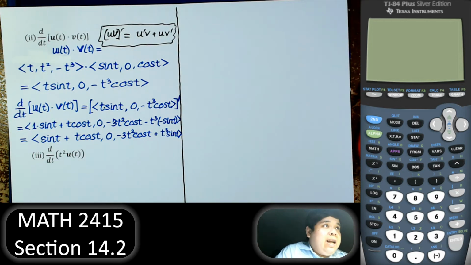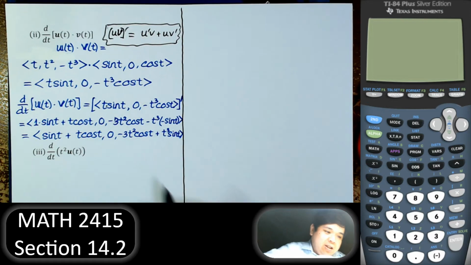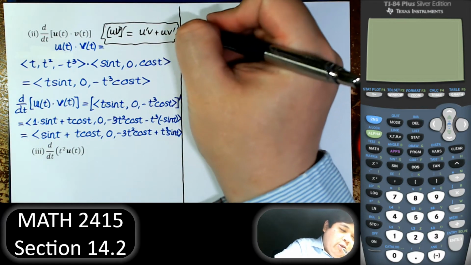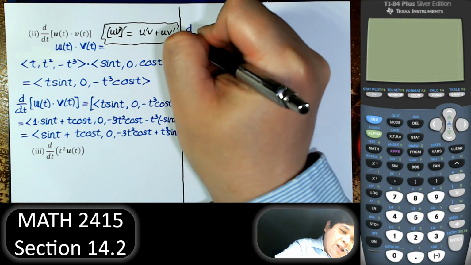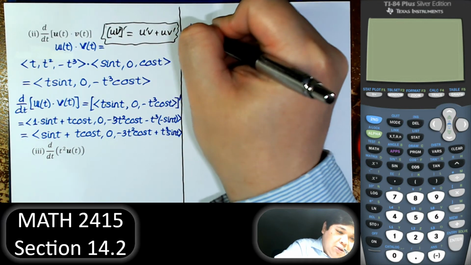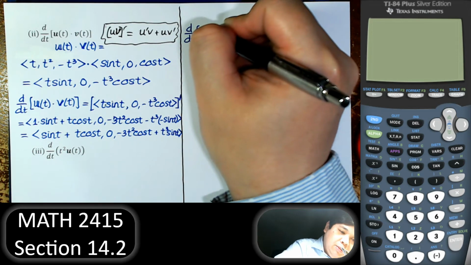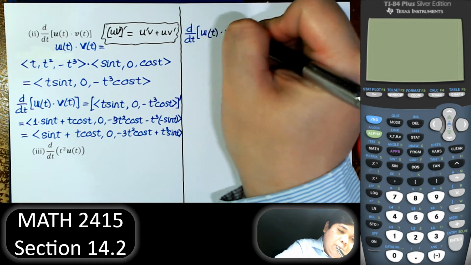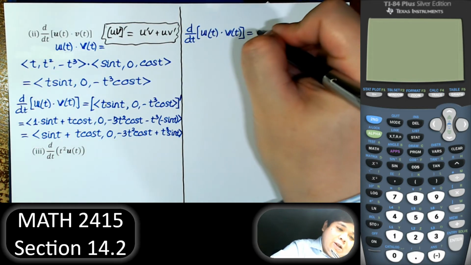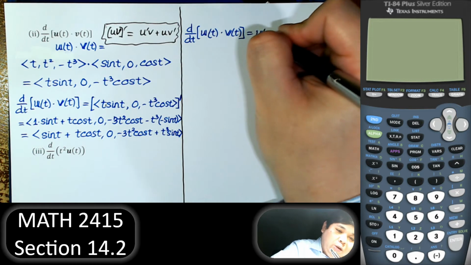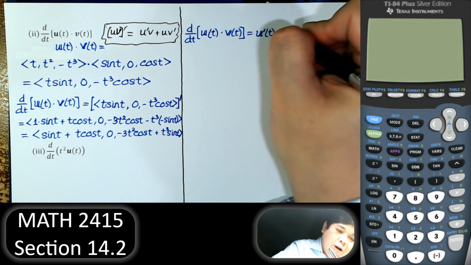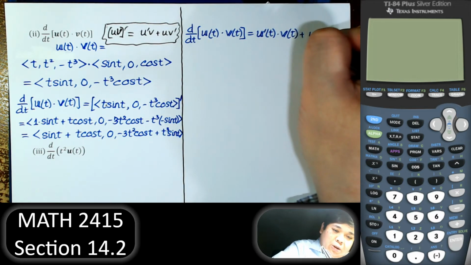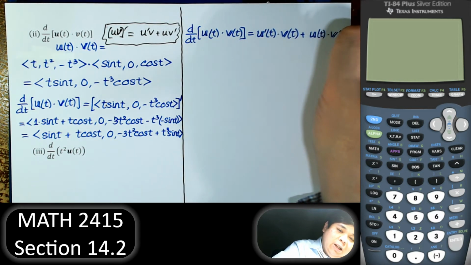Right. Now let's use the product rule in the dot product form. So d over dt of the dot product is the derivative of u dot v plus u times the derivative of v.